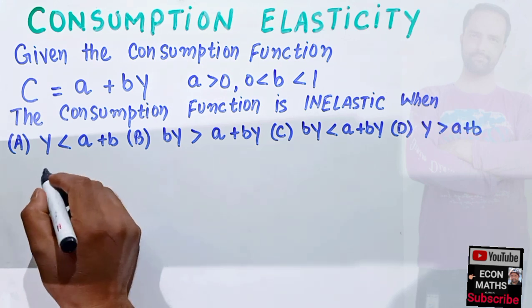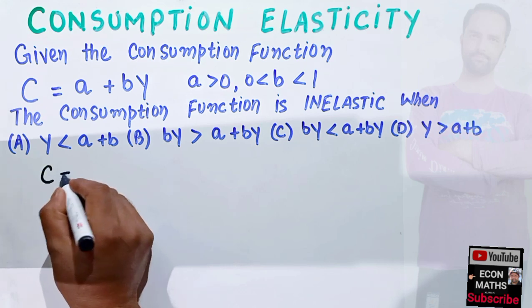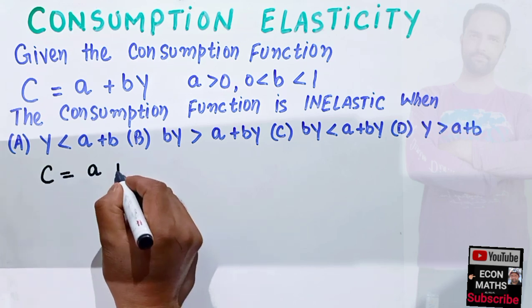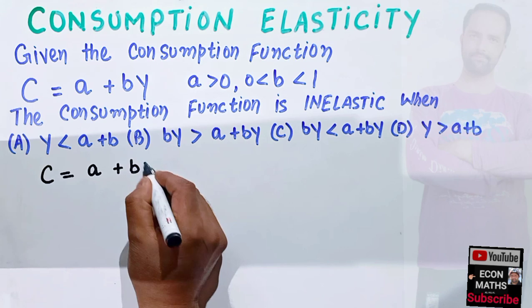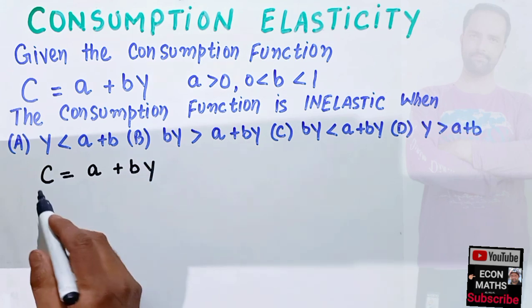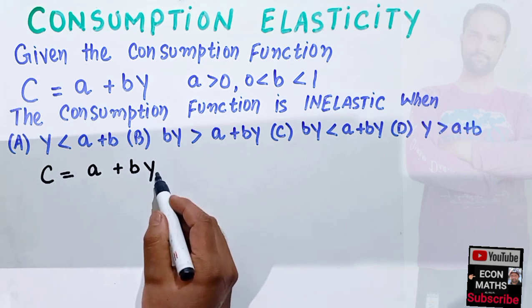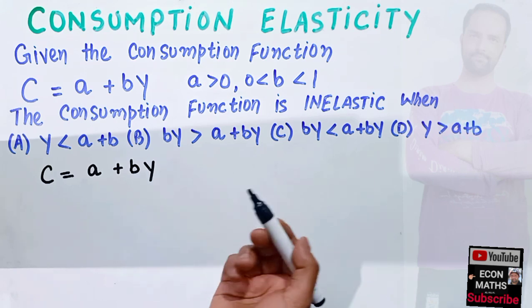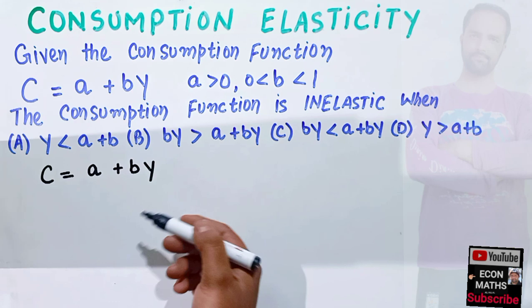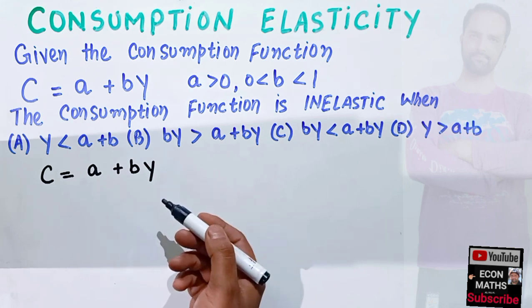We are being given the consumption function C equals A plus BY. So C is here the dependent variable, Y is the independent variable. That means for our elasticity of consumption, first I will write the formula.